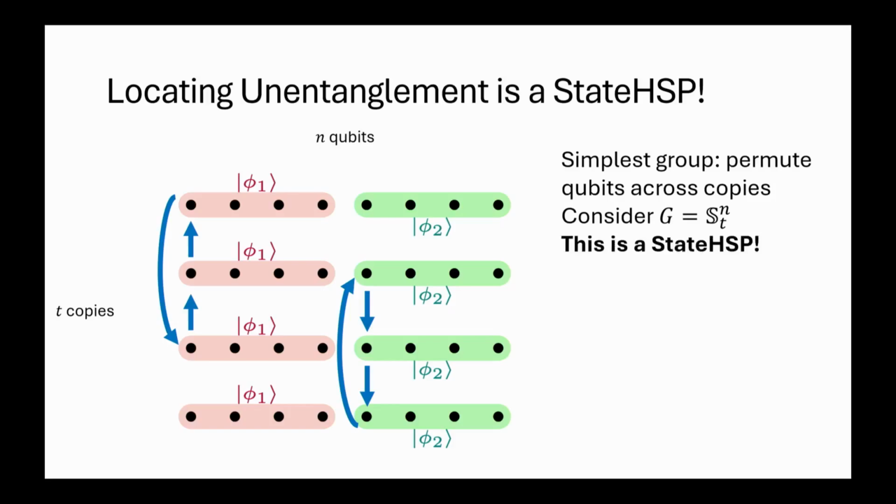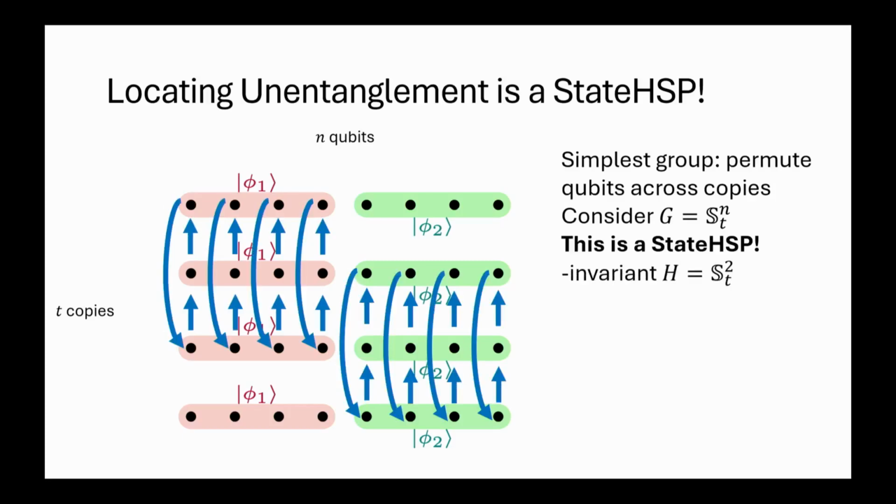And you can actually show that the problem of locating unentanglement is a state hidden subgroup problem under this permutation group. The reason is there's a really simple-to-explain invariant subgroup of the state.